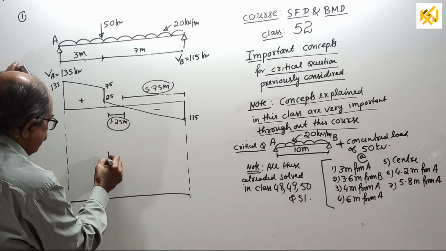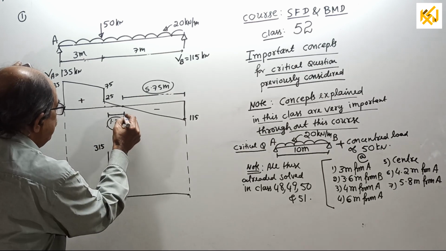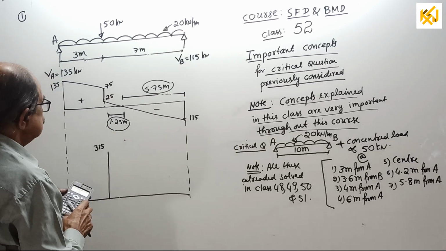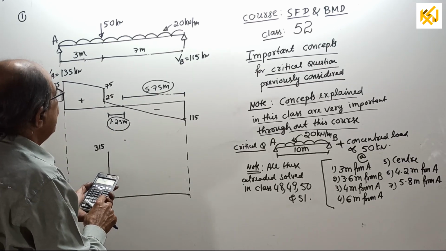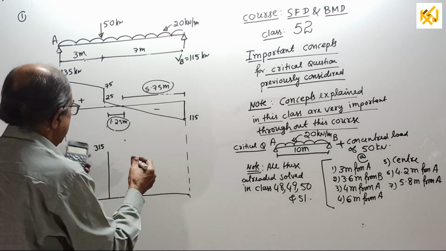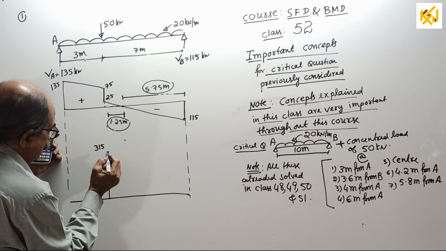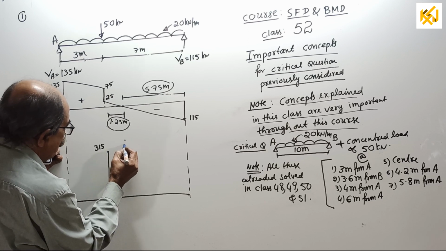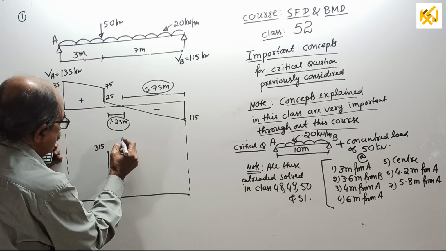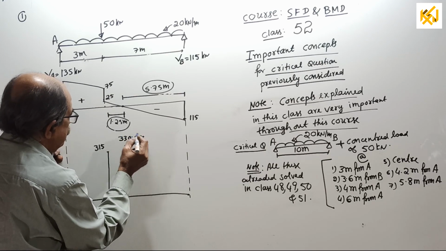Some scale I will write, 315. And at this point you require bending moment. That I can put directly, without locating, I can calculate. It is 330.625. See, 315 a little more. 330.625 is the BM here.